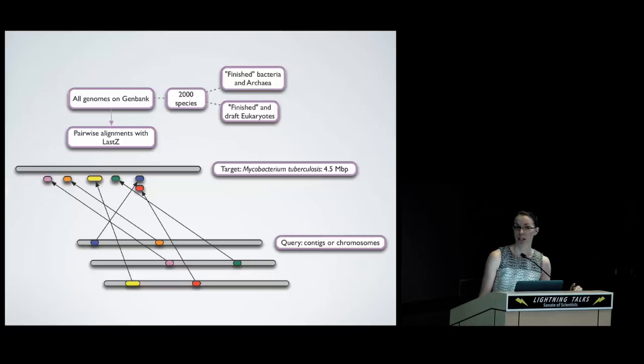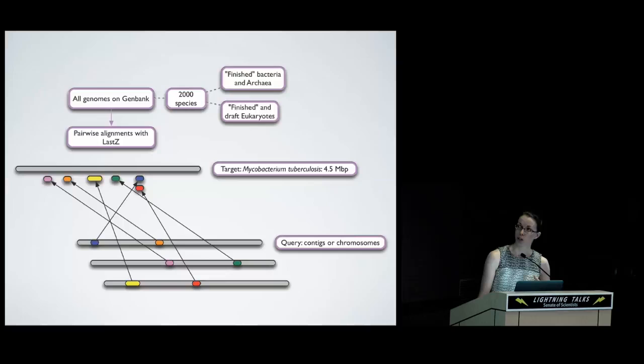I've chosen a target that is bacteria, and I don't have time to talk about why, which I can later if anyone has questions. It's 4.5 million base pairs. On the bottom you see the query is either a set of chromosomes for eukaryotes, a large number of chromosomes, or even in some cases hundreds of thousands of contigs that exist for these genomes.